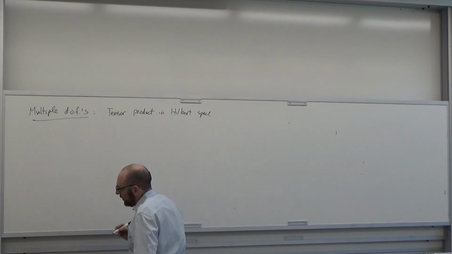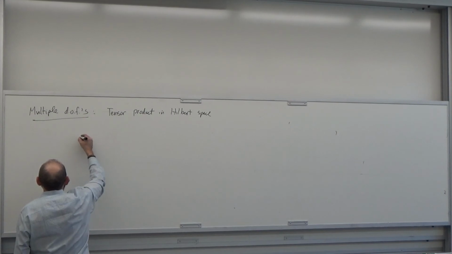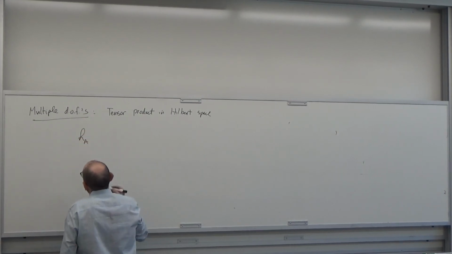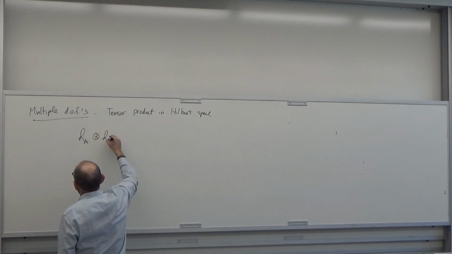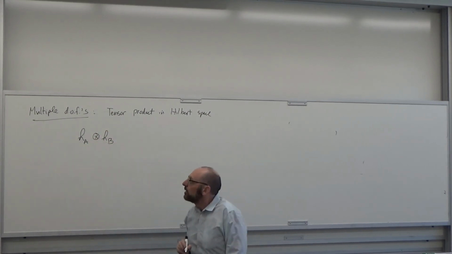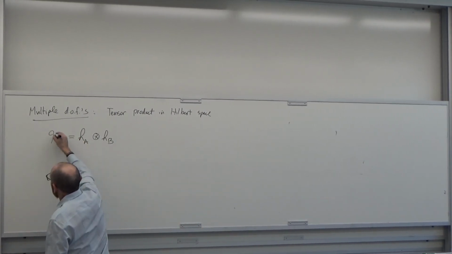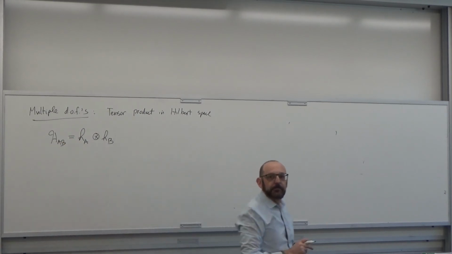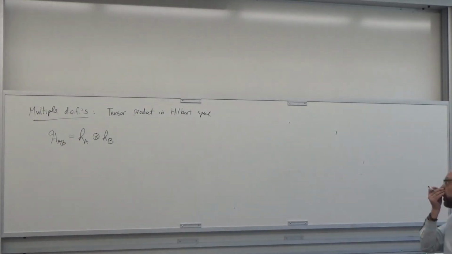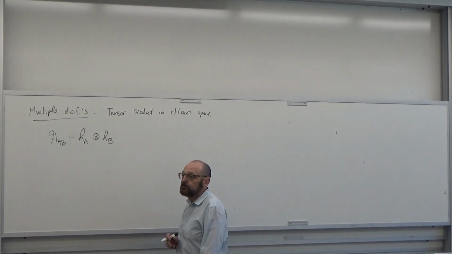So if I have 2 degrees of freedom, one I call A and the other B, there can be some Hilbert space associated with degree of freedom A, and another Hilbert space associated with degree of freedom B, and the joint Hilbert space, we say, is the tensor product of those. So this is a tensor product for 2 degrees of freedom. Okay?